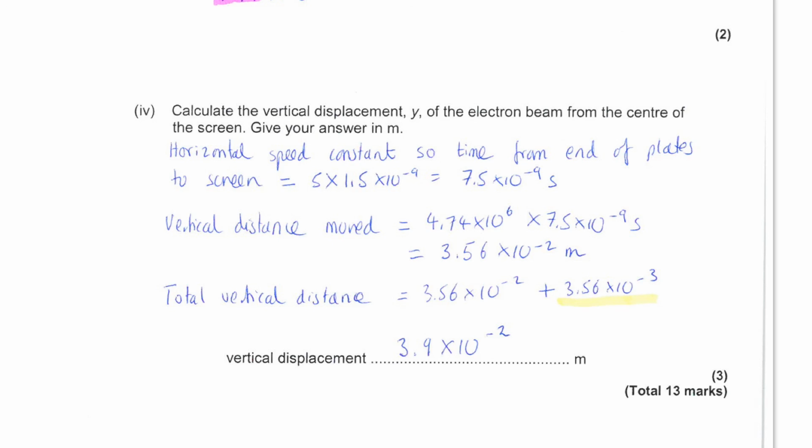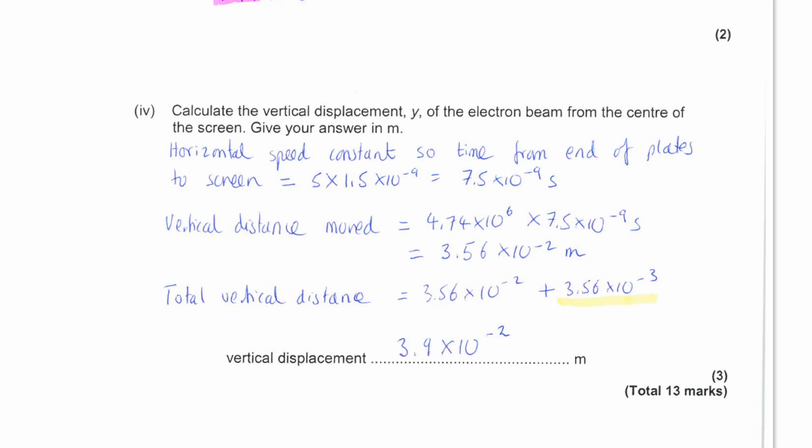Having worked out the time of travel, we can work out the vertical distance moved in that time. We have already, in a previous part of the question, worked out the vertical velocity at the end of the plates. This was 4.74 times 10 to the 6 meters per second.